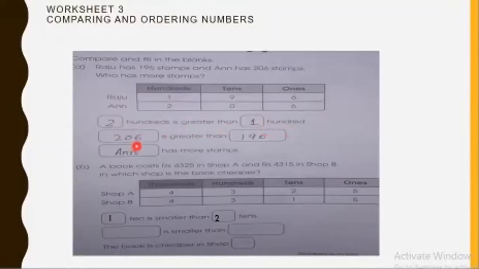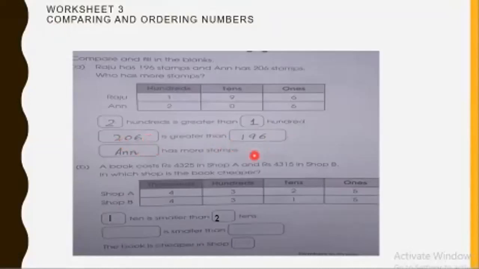The next blank is given: dash is greater than dash. So over here, you are now going to mention the full value of each stamps. You are not supposed to write down 200 is greater than 100.